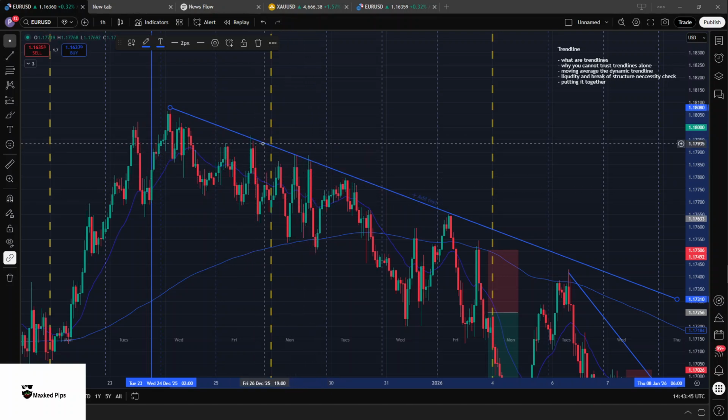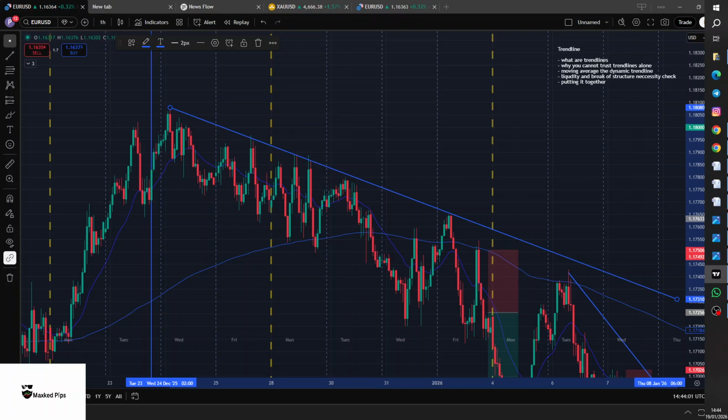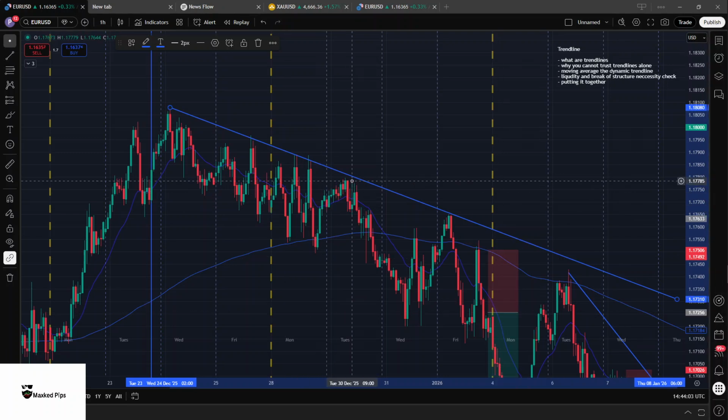You see the wicks went above the trendline, but then you come to this spot, the 30th of December, and you notice that price did not even get to touch the trendline before it made a reversal. And you come up here and you see that price perfectly touched the trendline and it went back.